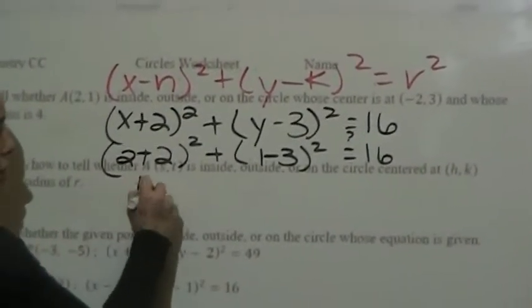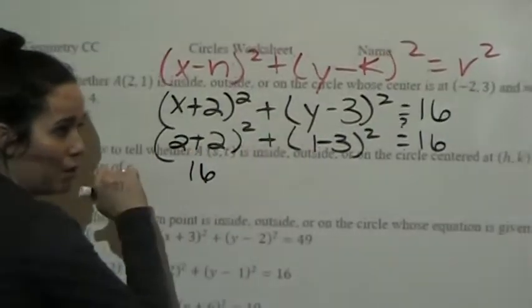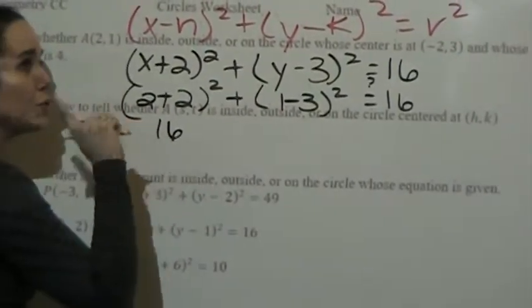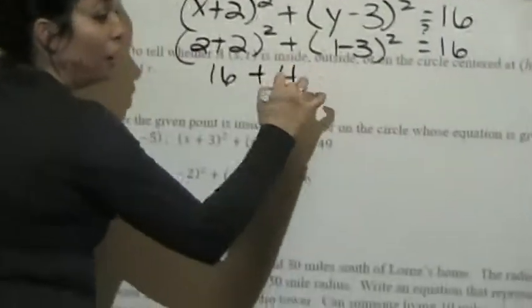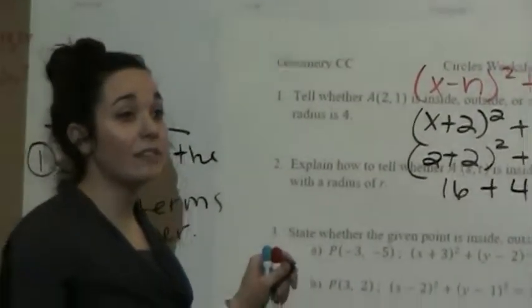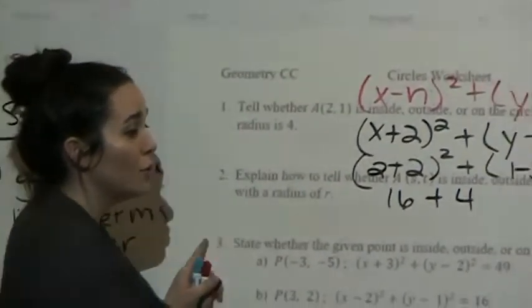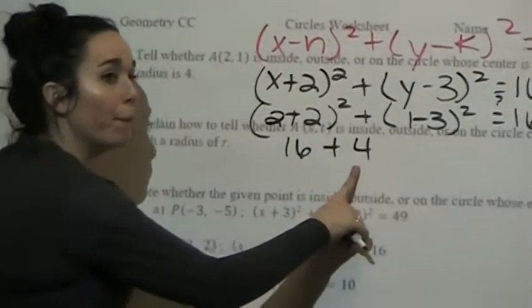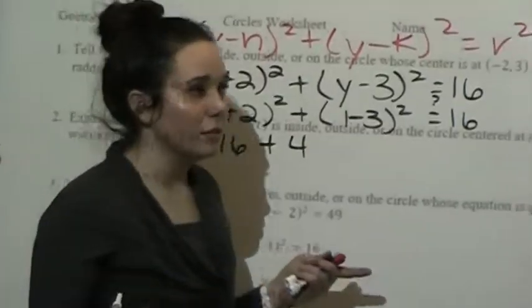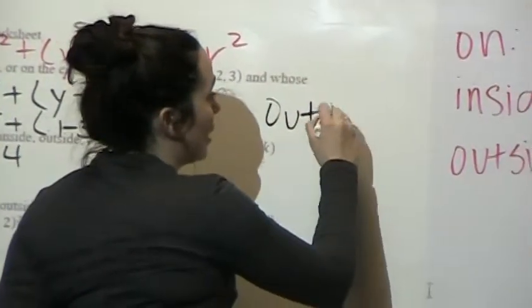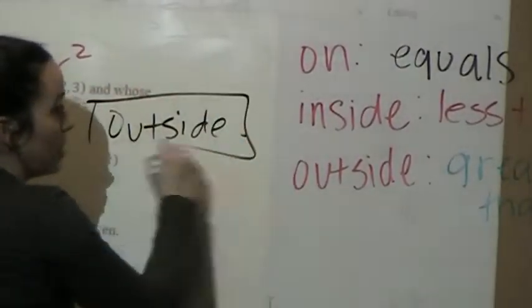What's 1 minus 3? -2. -2 squared is 4. Remember, negative times a negative is a positive. So 16 plus 4 is 20. Is 20 bigger than 16? Yes. So where is it? Outside. So we're not going to get hit by the nuclear explosion.